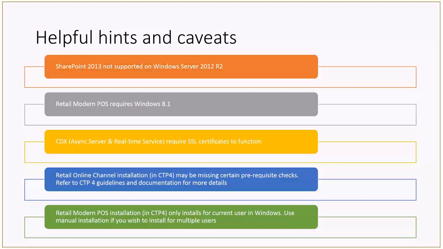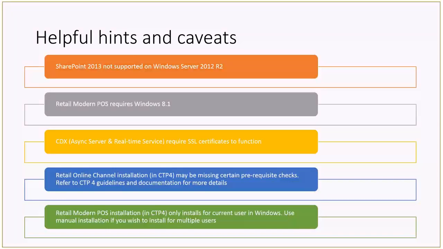Another thing to keep in mind is in the CTP4 setup experience, if you try to install the retail modern point of sale system, it will only install for the current user. It will not install for all users of that computer. If you wish to install the retail modern POS for all users or for multiple users on the computer in the CTP4 release, you will need to read specific documentation steps on how that can be done.